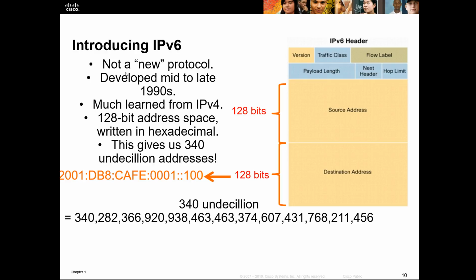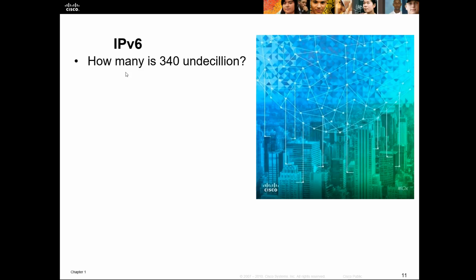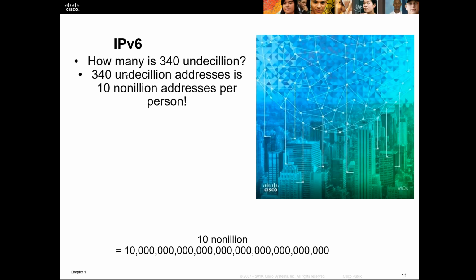I mean, that's a huge number. So let's see if we can fathom this. That means there are 10 nonillion addresses per person. That's a huge amount. However, 3 undecillion is the amount of grains of sand on the beaches on our planet. So that way we can start fathoming how large this number is.